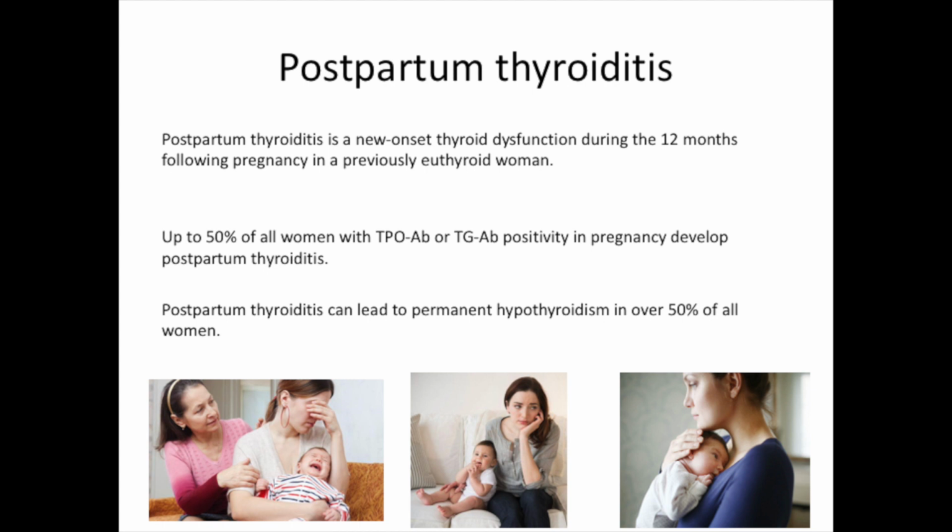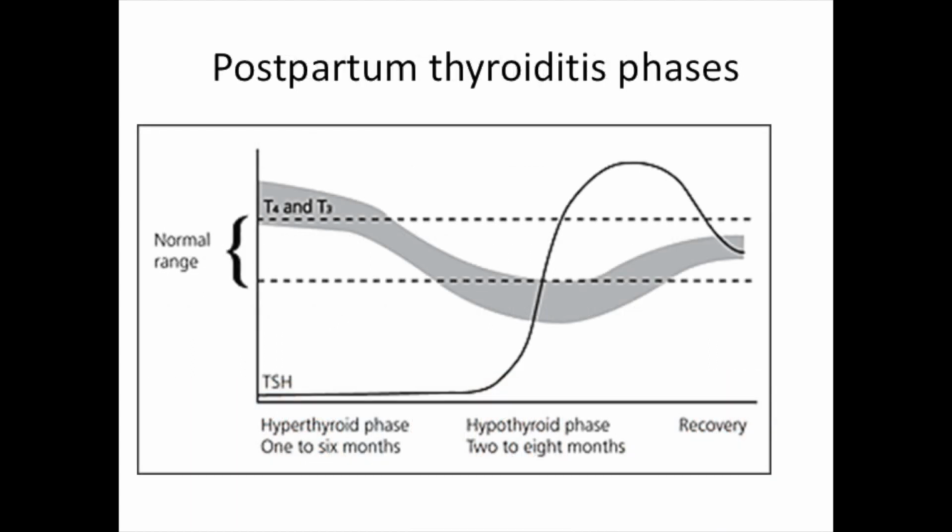Of the patients who develop postpartum thyroiditis, 50% are prone to develop frank overt hypothyroidism, or permanent hypothyroidism later in life after the postpartum thyroiditis presentation. What are the diverse presentations of postpartum thyroiditis?